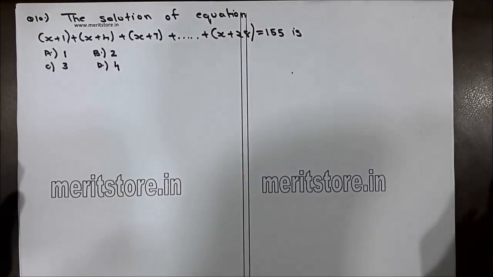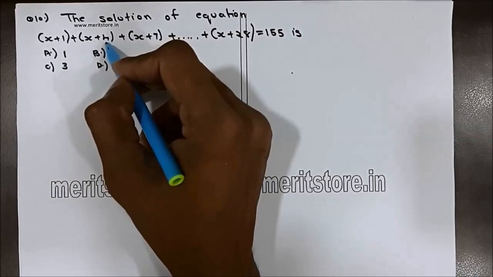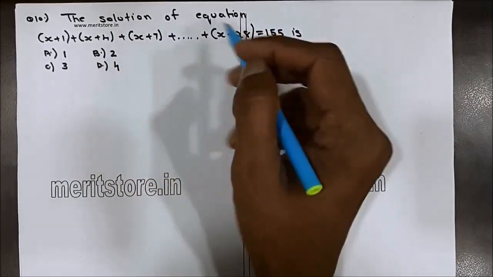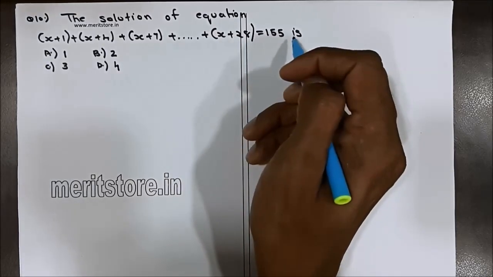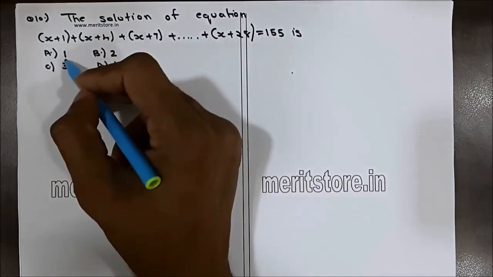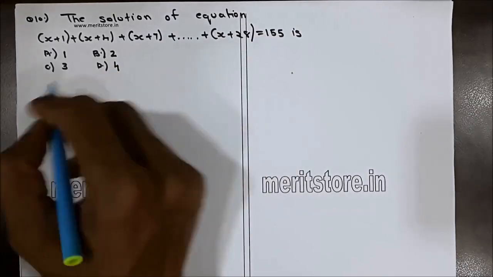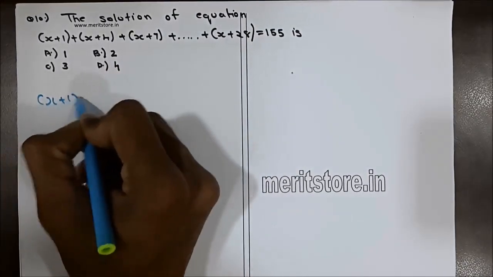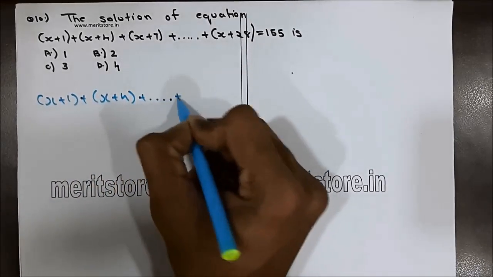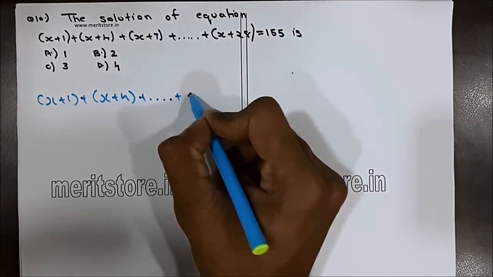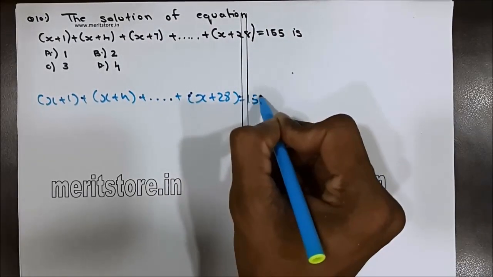Question 10. The solution of the equation (x plus 1) plus (x plus 4) plus (x plus 7) plus up to (x plus 28) is equal to 155 is, we have 4 options: A 1, B 2, C 3 and D 4. So we have (x plus 1) plus (x plus 4) plus (x plus 7), continuing to (x plus 28), which is equal to 155.